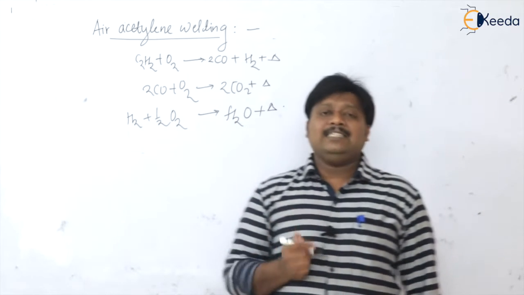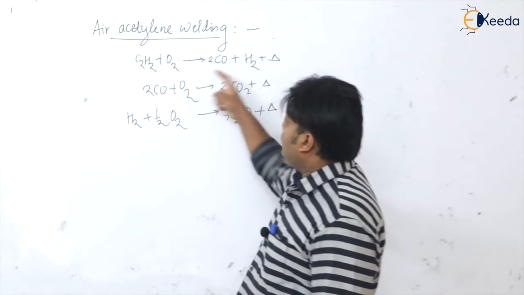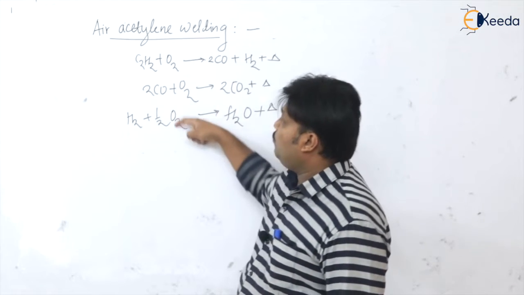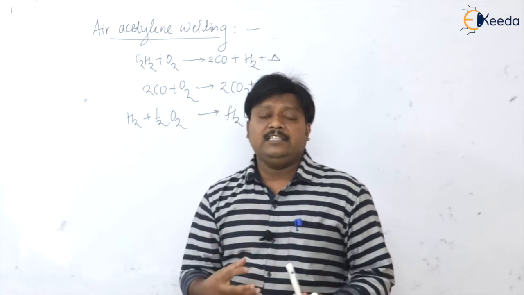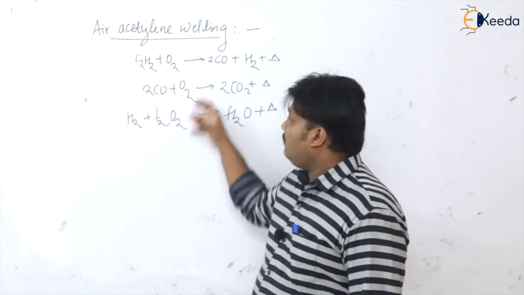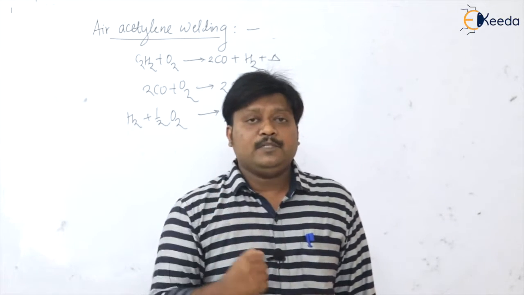Now as we have seen in oxyacetylene welding, out of the 2.5 unit volume of oxygen, 1 unit volume is taken from the oxygen cylinder, and the remaining 1.5 unit volume is taken from the atmosphere.